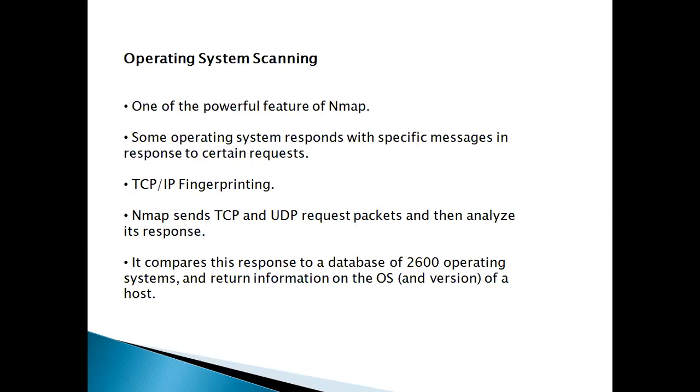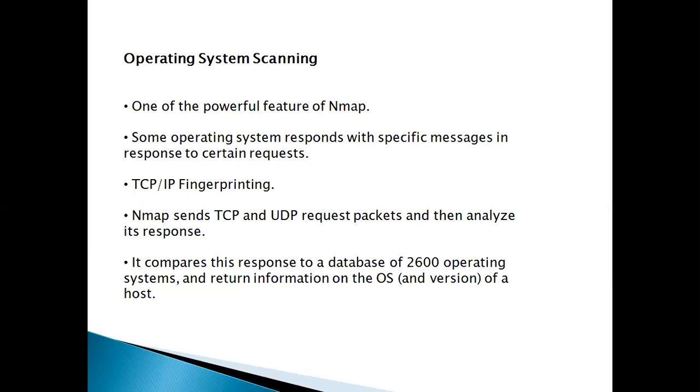Actually, we are doing some kind of TCP/IP fingerprinting, because the TCP/IP stack implementation is slightly different in different operating systems. So responses from different operating systems are different for a certain request. There are various kinds of requests you can send, like a FIN probe or bogus flag probe, TCP initial sequence number, TCP initial window size, or acknowledgement value.